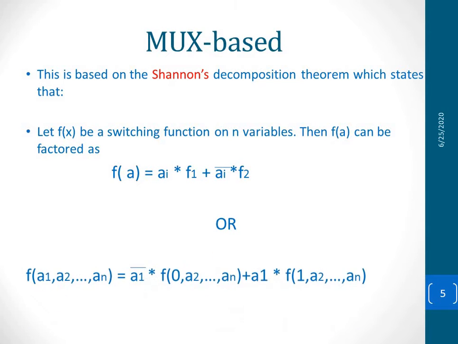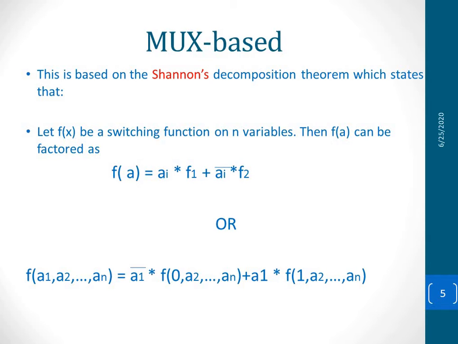or it also can be written, if the function is of many variables like a1, a2 and so on to an, then it can be written as a1 bar into f of 0, a2, and so on to an.